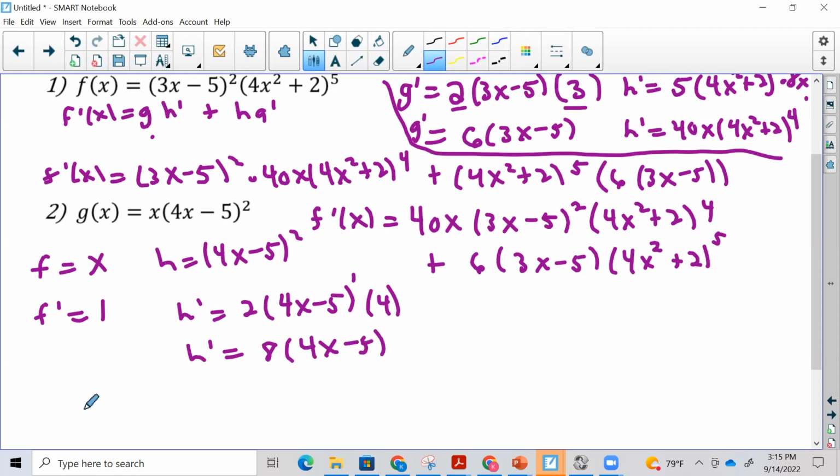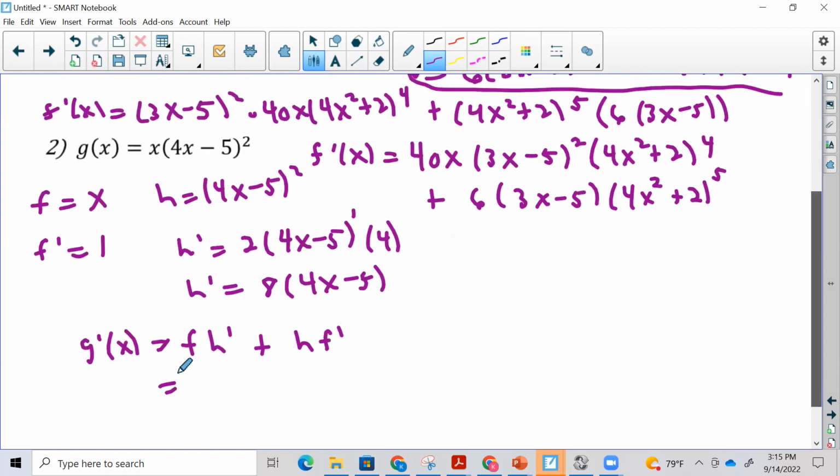And then we multiply when we do the derivative. Again, it's the one times the derivative of the other. So it'd be f times h prime plus h times f prime. Okay, again, if you don't like using different functions, it's fine on the side if you use f and g each time.